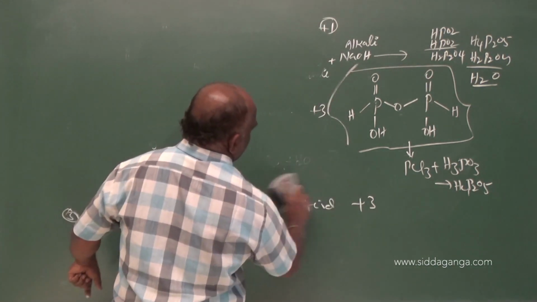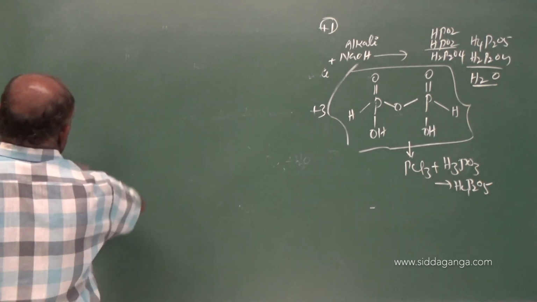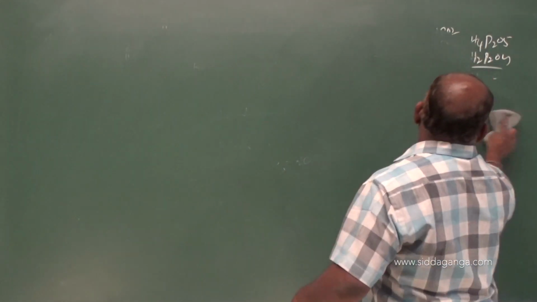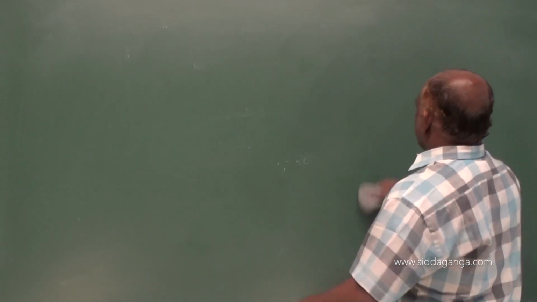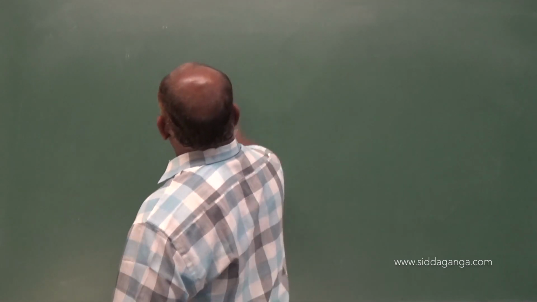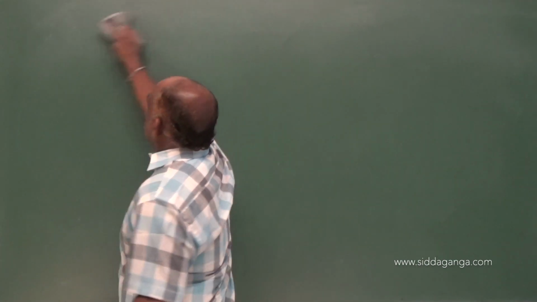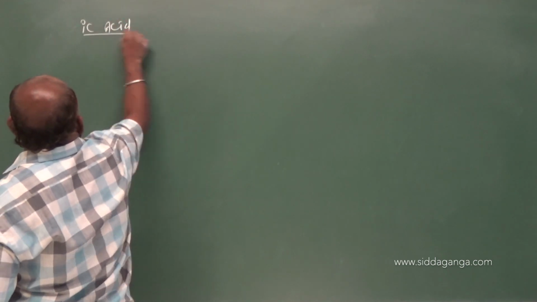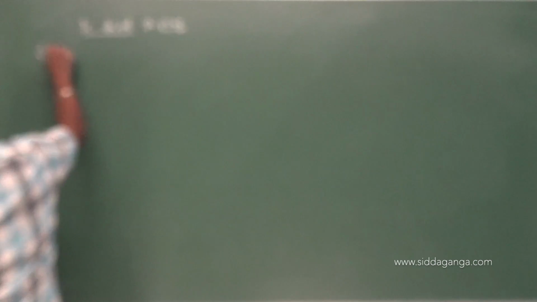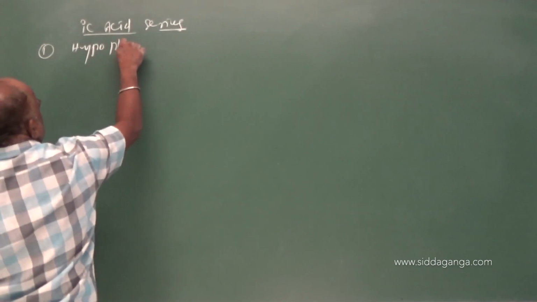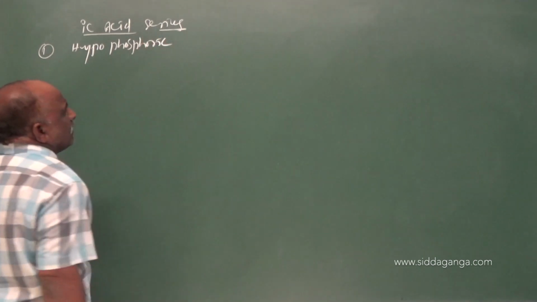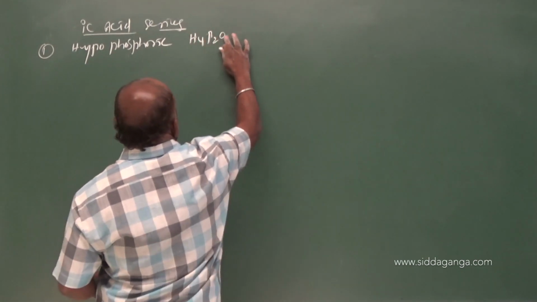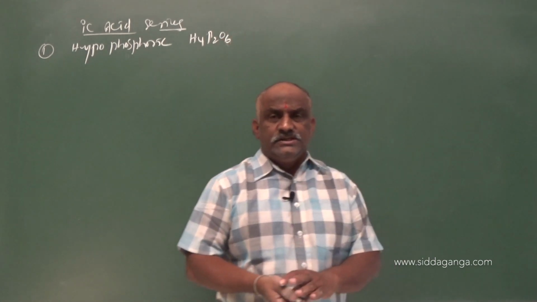While going to the ic acid series, number one is hypophosphoric, formula H4P2O6.